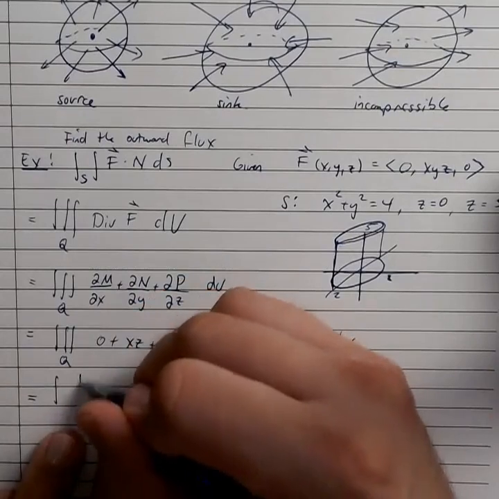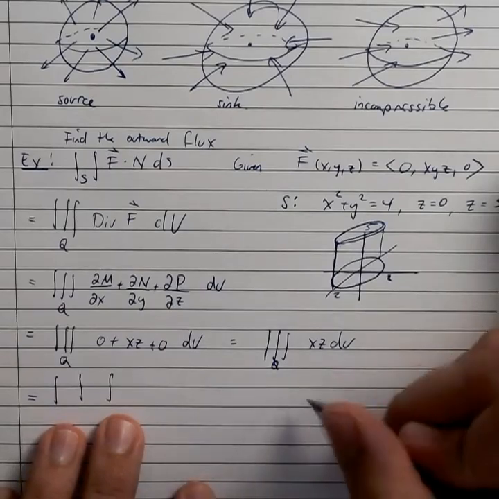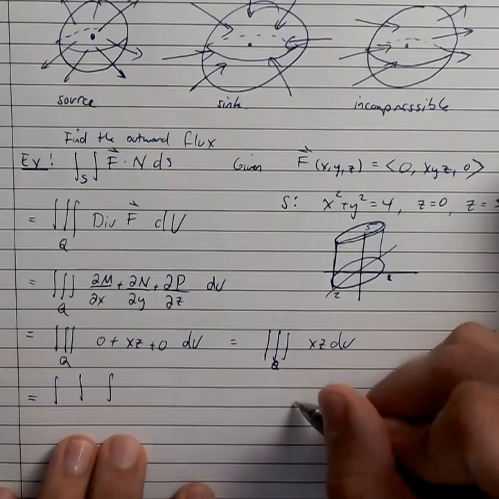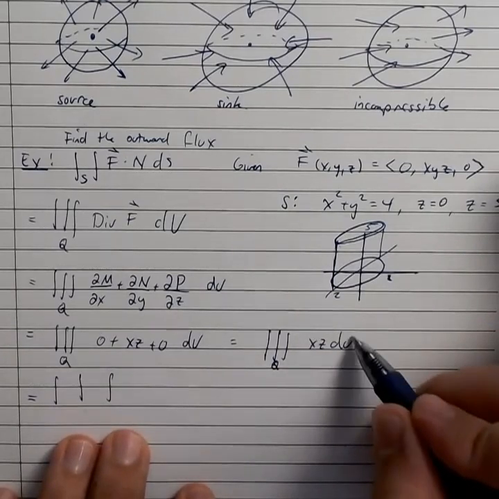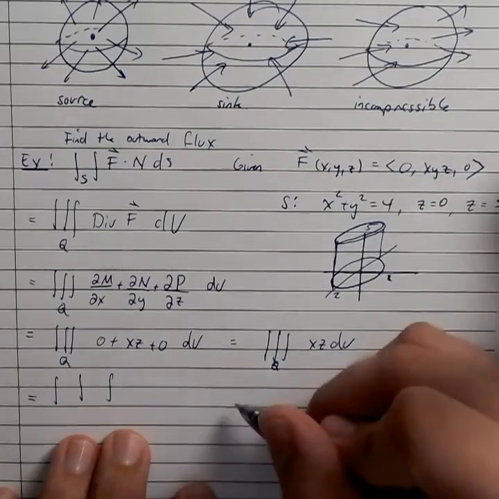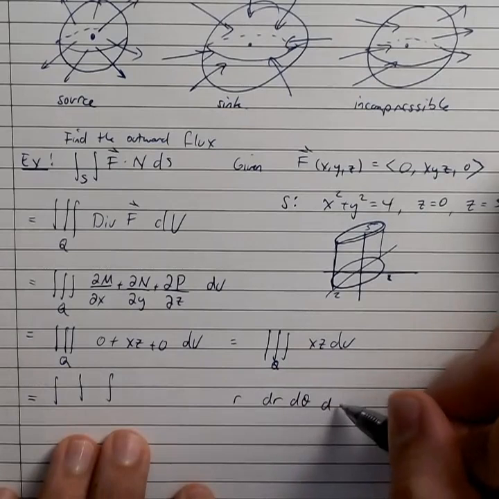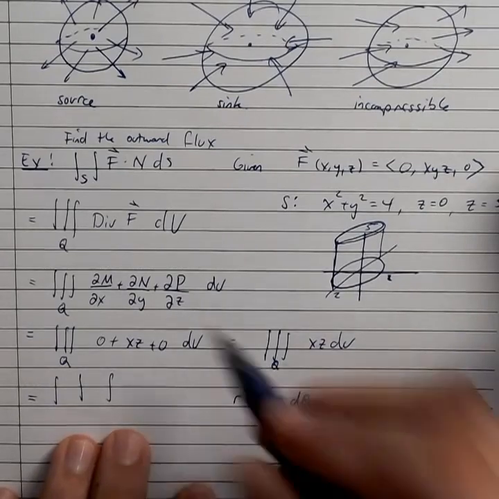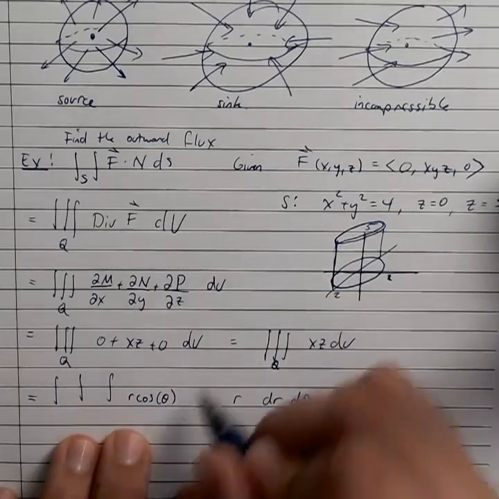So here, let's go ahead and take the triple integral. Let's write that as the triply iterated integral with respect to cylindrical coordinates. Since we're changing to cylindrical coordinates, dV is written as r dr dθ dz. x is going to be written as r cosine of theta, and z just stays z.